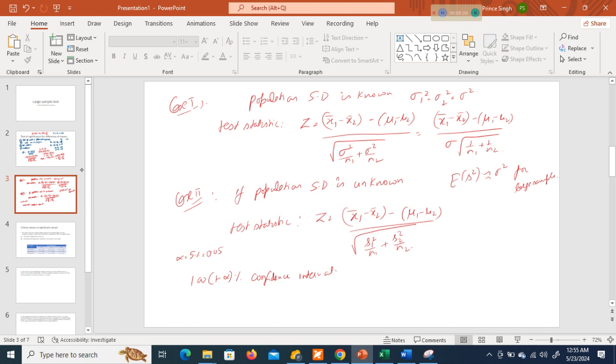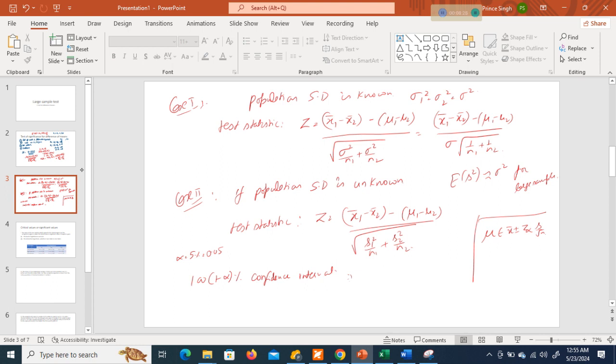So what is the formula? In the last case we discussed that for mu the formula is x bar plus minus z alpha times sigma upon square root of n, or s upon square root of n, because generally the population standard deviation is unknown.